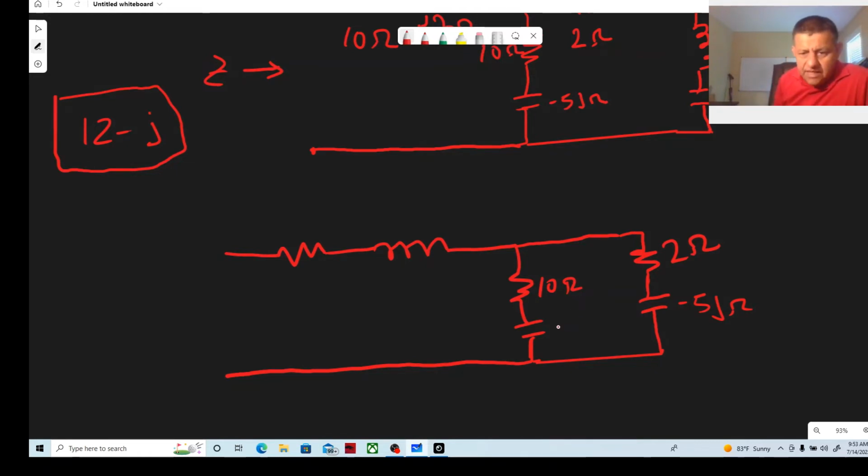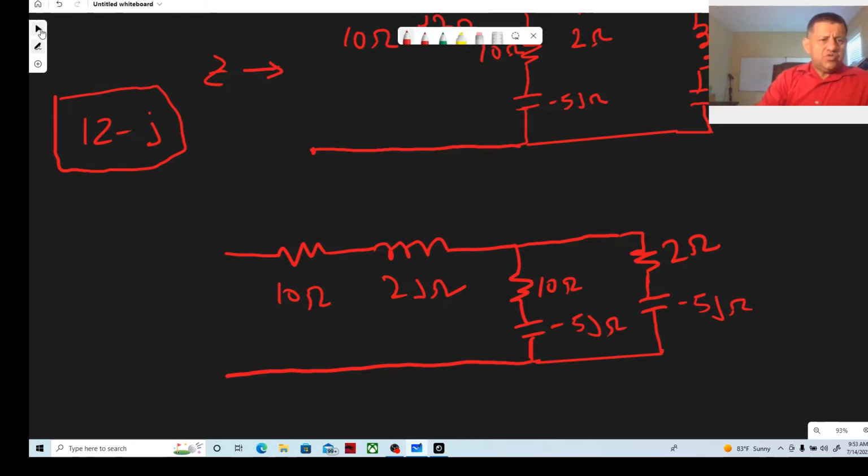So the value of this is negative 5J ohms. And of course, this is 2J ohms, and this is 10 ohms, right?